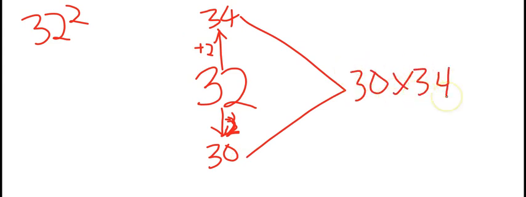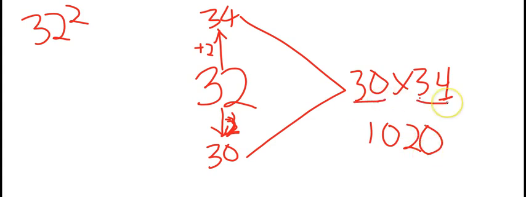Again, we are going to do 3 times 34. So 3 times 30 is 90. 90 plus 3 times 4, which is 12. So 90 plus 12 will give us 102. So 102. And we attach our 0. And so 30 times 34 is 1020.